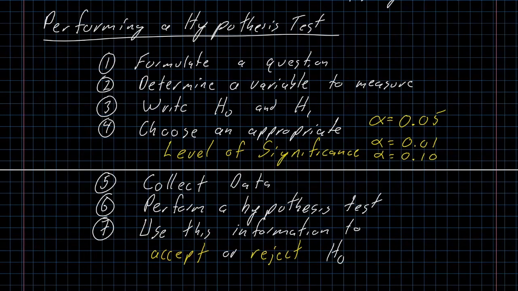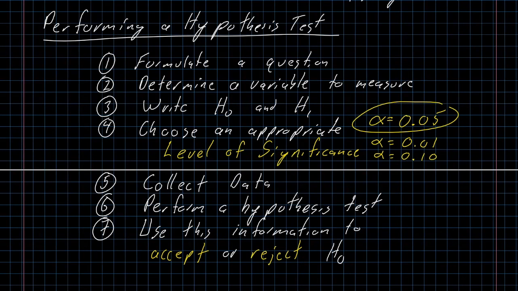In physical research, in physics, chemistry, we use much smaller values. High energy particle physics uses alpha equals 0.00001, which is not something that we can do by hand, so we're not even going to try.